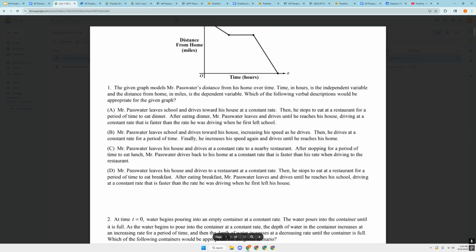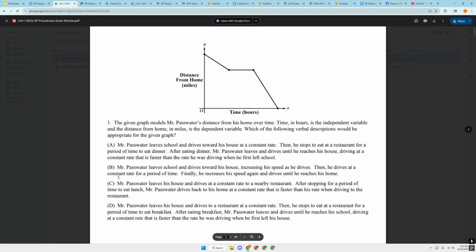So for now, we'll try to do one. So try to solve this. I will put a poll real quick.